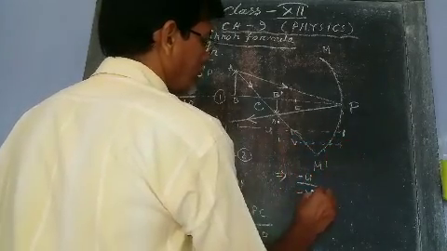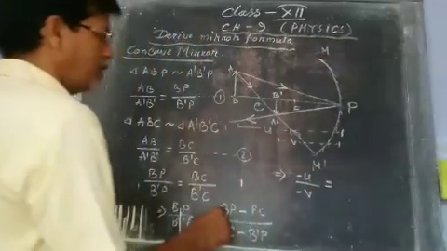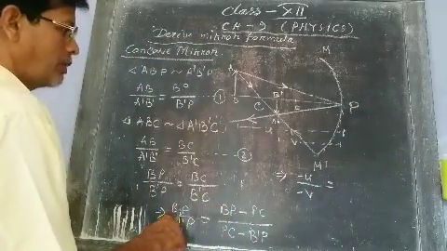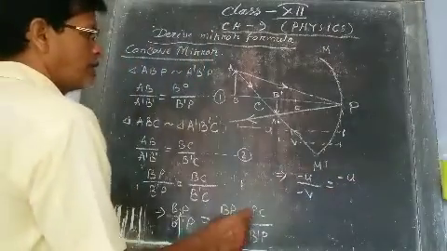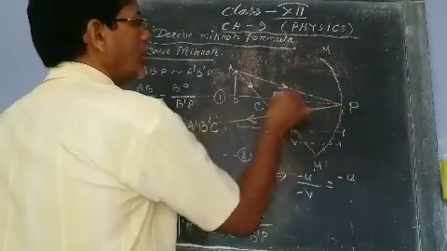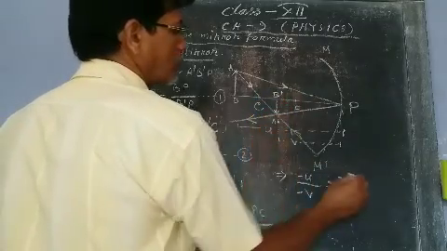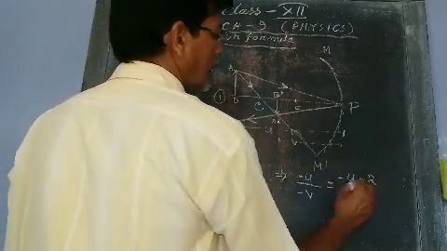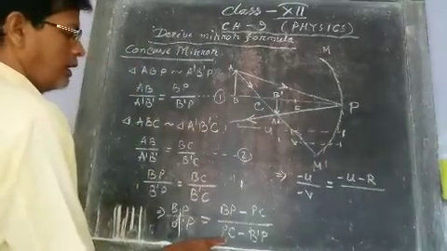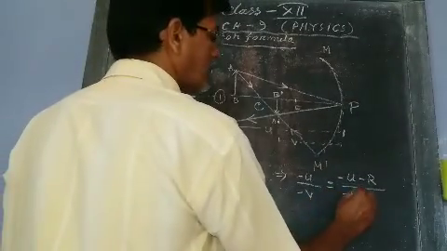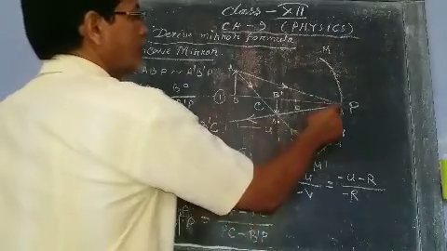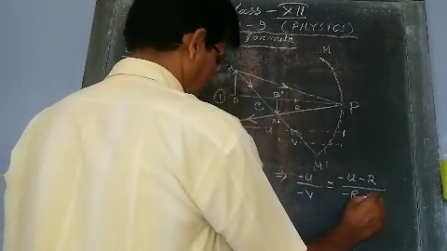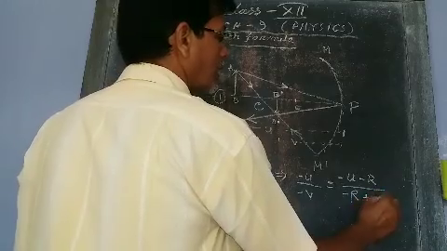So minus v equals, for BP, we have written minus u. PC equals R, minus R. So this is minus R by PC minus R, and B dash P is minus v. So minus of minus v means plus v.